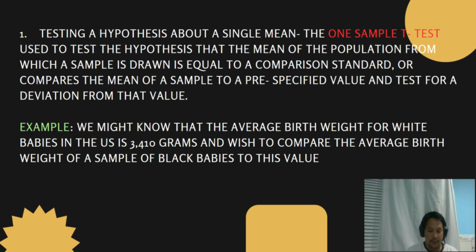For example, we might know that the average birth weight for white babies in the US is 3,410 grams and wish to compare the average birth weight of a sample of black babies to this value. That's the example of testing a hypothesis about a single mean.